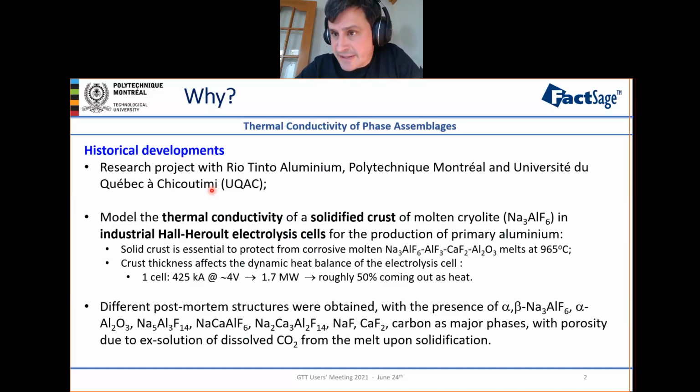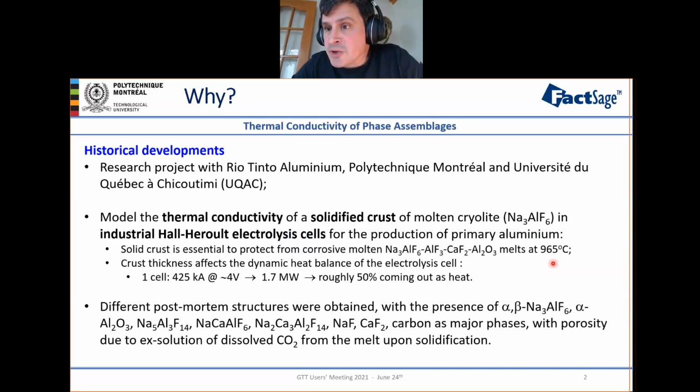This solid crust is essential for protection against the very corrosive electrolyte, molten fluorides that are dissolving alumina at around 1000 degrees Celsius. So the crust thickness must be optimized to put anodes there, and it affects the dynamic heat balance of the cell, which roughly has a heat flux of 800 kilowatts.